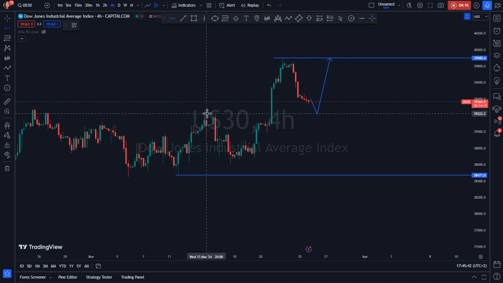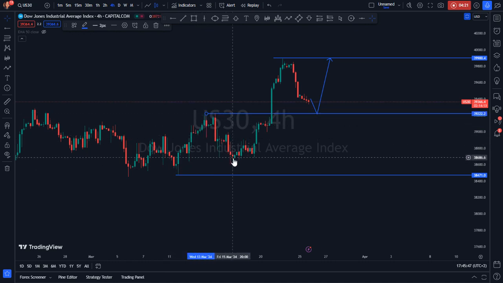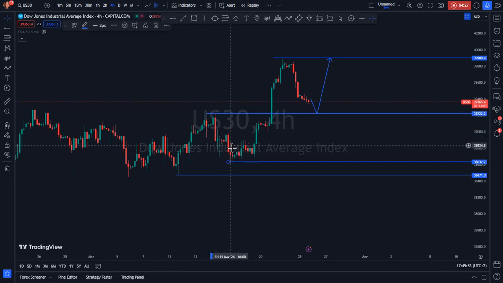The market gave us this impulsive, and then it gave us another correction, which we're going to mark as our low.